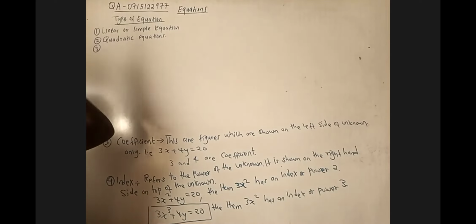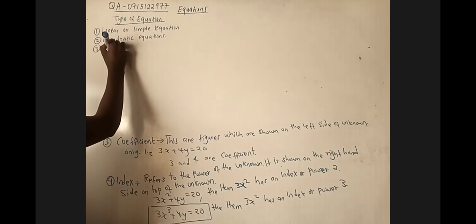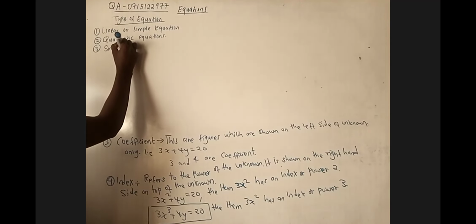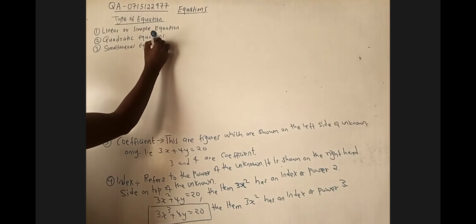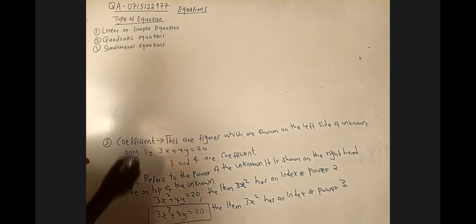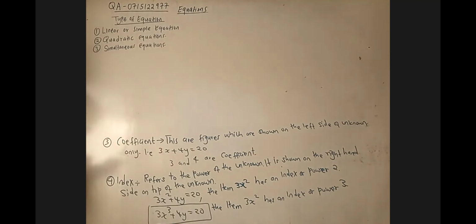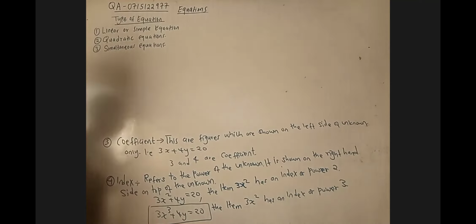Number 3, we have simultaneous equations. Those are the 3 types of equations that you can find in quantitative analysis.